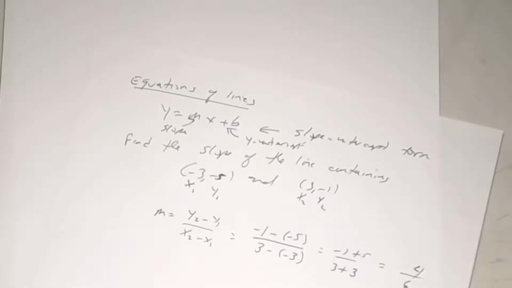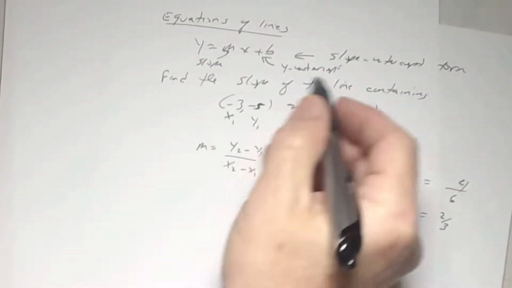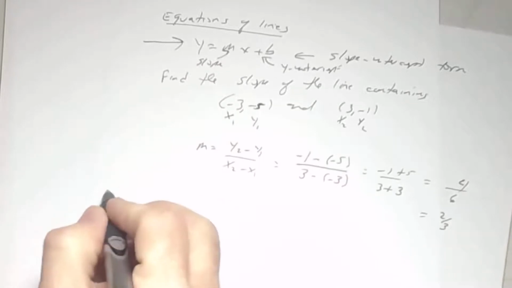Remember, in the problem on your final, it's going to say write the equation in standard form. Here's what we mean by standard form. This is slope-intercept form, y equals mx plus b.